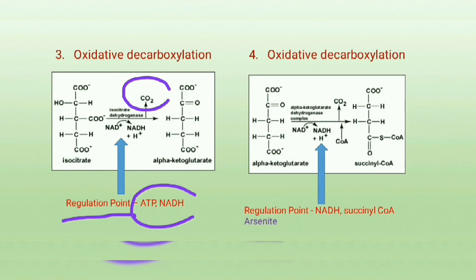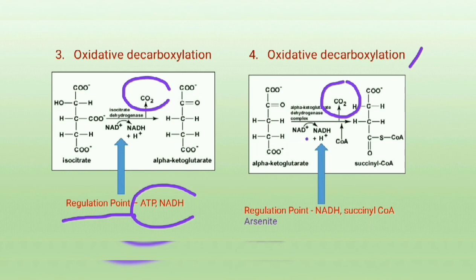And we have the fourth reaction, which is also an oxidative decarboxylation, which catalyzes the conversion of alpha ketoglutarate to succinyl CoA. We have the second carbon dioxide molecule which is being released, and the enzyme which is going to catalyze this particular reaction is nothing but alpha ketoglutarate dehydrogenase. It is a complex.